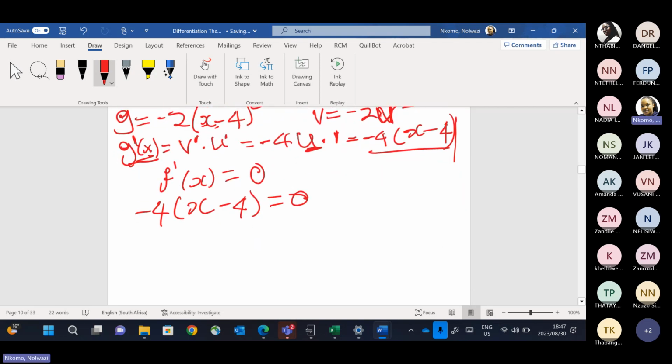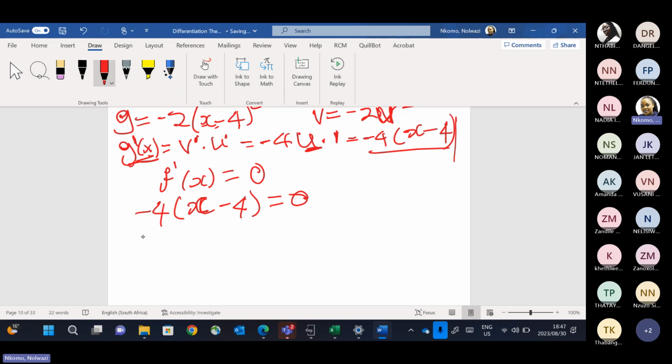Then after equating your derivative to 0, you can let your x be x star, because I don't want you to confuse that x with the given initial x, right?